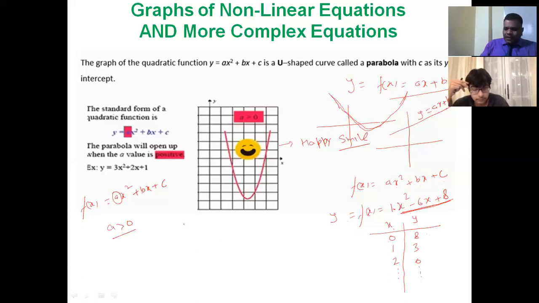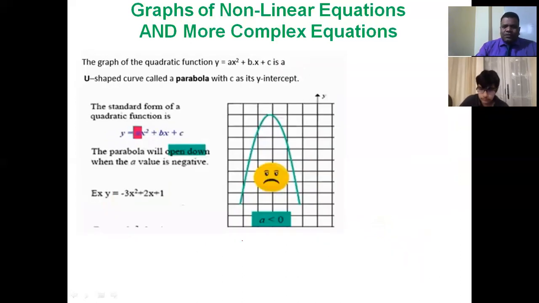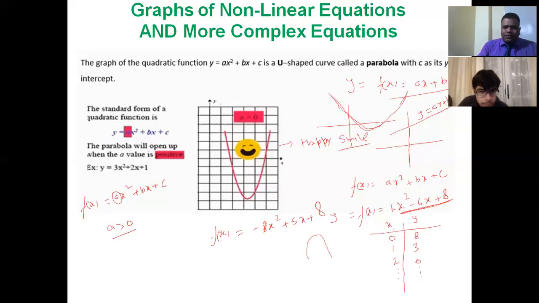If I take another example where f of x could be minus 2x squared plus 5x, whatever comes to my mind, plus 8. Now you can see in this case, a is negative. In this case, the parabola will open down. So here, two things we learned. One is, if you plot the quadratic equation, it will be a parabola.